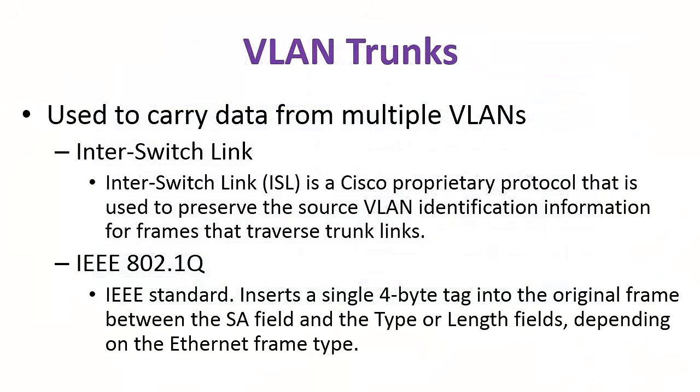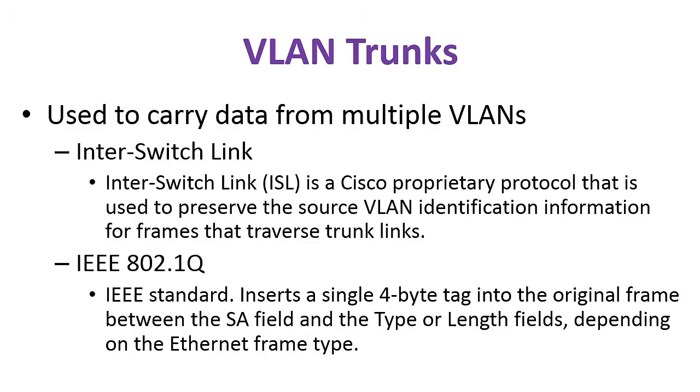Now, we talked a little bit about VLAN trunks earlier, but let's hit upon VLAN trunks a little bit more so we can understand it. Again, I want to remind you that there is another video dedicated solely to VLAN trunks, but let's just get a basic understanding here. VLAN trunks are used to carry data from multiple VLANs, which you already know.